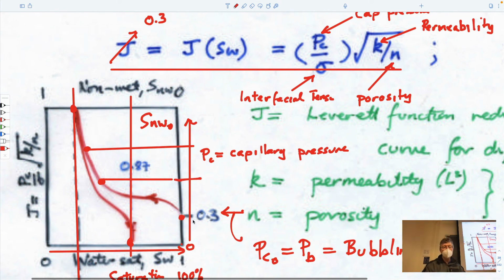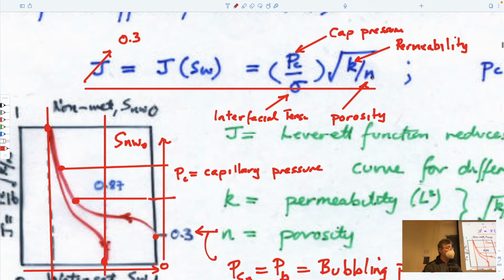And that's useful, because if for our porous medium we know what the porosity is, if we know what the permeability is, which we quite often know and can measure quite easily, and if we know what the interfacial tension is of the fluid that we're trying to invade it with, then we immediately know what the entry pressure is that it can sustain.